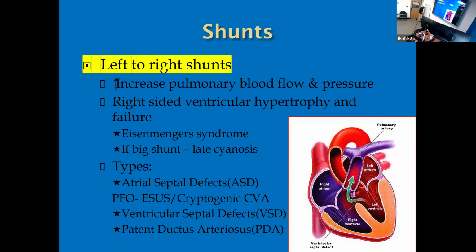So the one I'm going to teach you right now is transposition of the great vessels. You guys haven't heard of this at all? No. All right. So your right ventricle is supposed to terminate into what? What's your right ventricle supposed to flow into? Okay. What did I just draw?